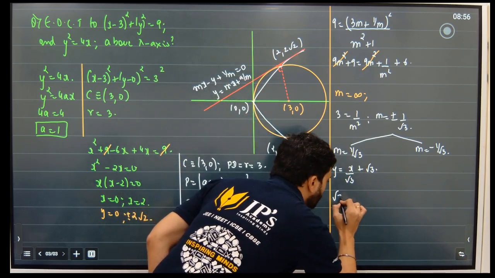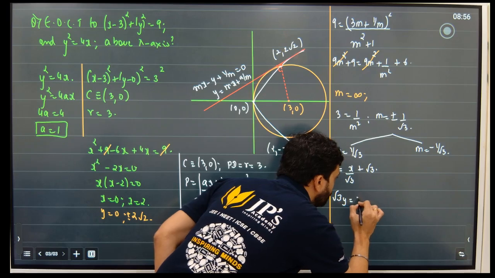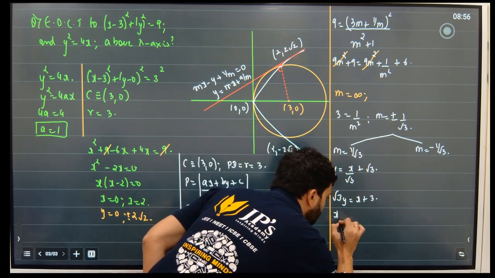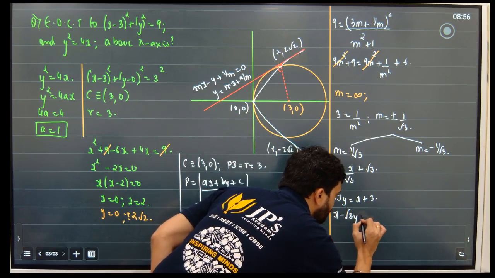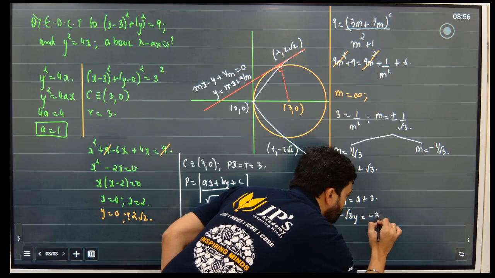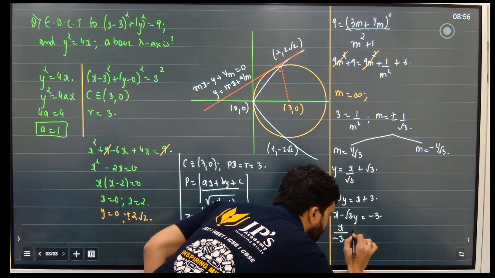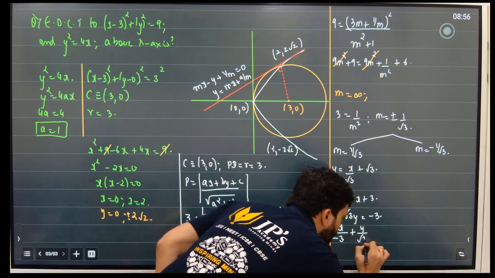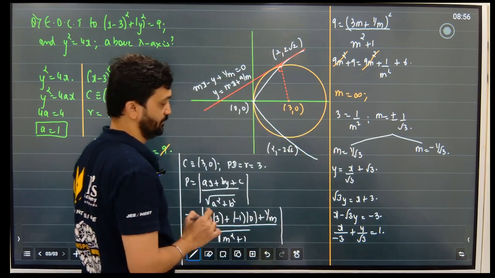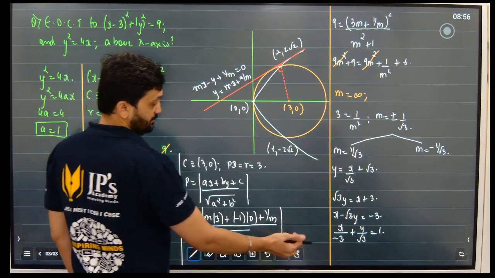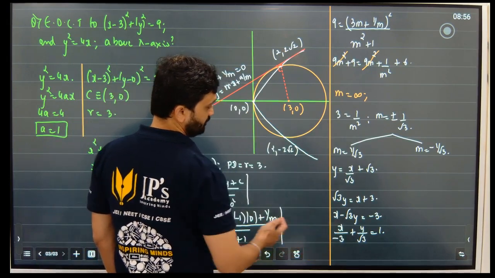So this will become root 3y is equal to x plus 3. So x minus root 3y is equal to minus 3. Therefore this becomes x upon minus 3 plus y upon root 3 is equal to 1. This lies in the second quadrant because the intercept is minus 3 and this is root 3.